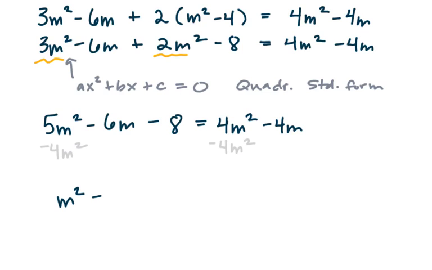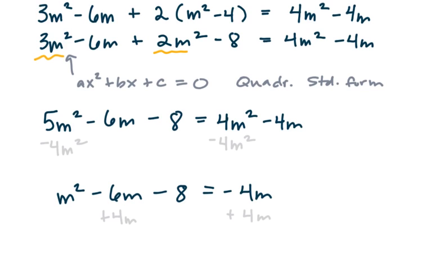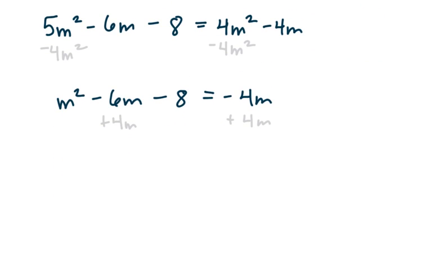I've got m squared minus 6m minus 8 equals negative 4m. And then I would add 4m to both sides. And running through this, I've now got m squared minus 2m minus 8 equals 0. So now I've got it as a quadratic equation in standard form, descending order, equal to 0.